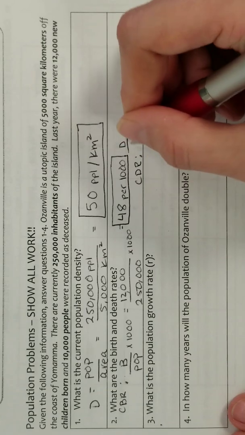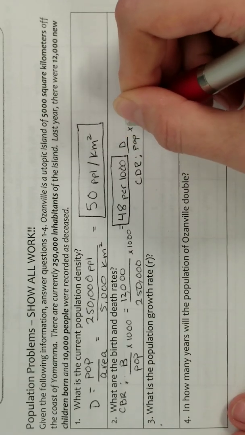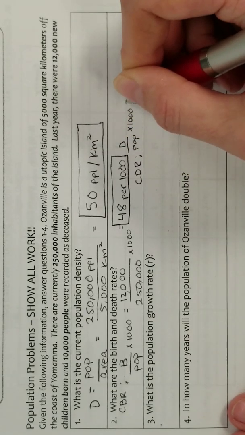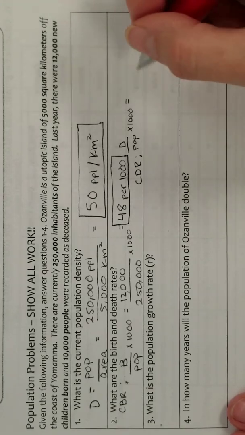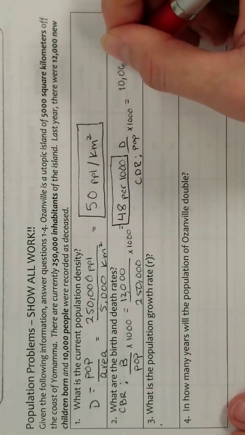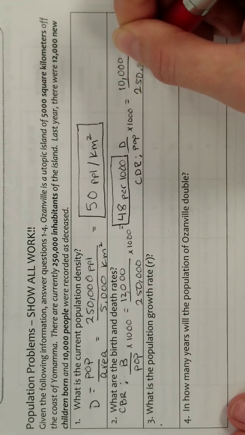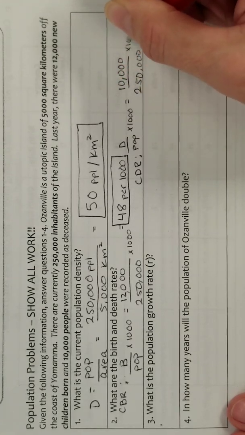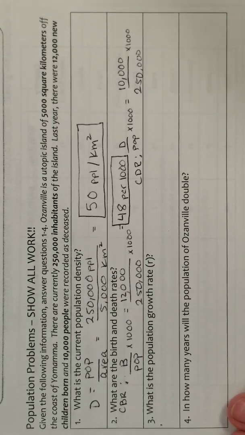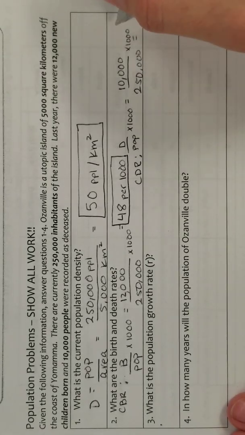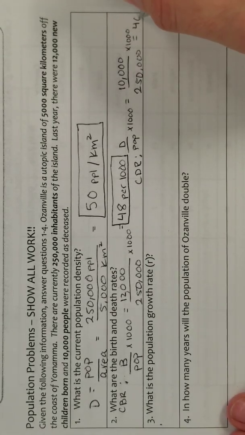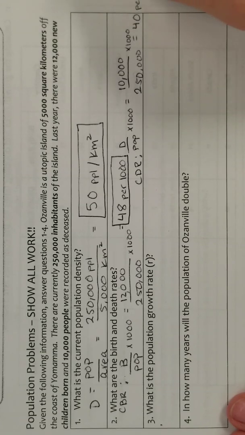This would be deaths over population multiplied by 1,000. So we have 10,000 deaths over our 250,000 multiplied by 1,000. Final answer would be 40 per 1,000.